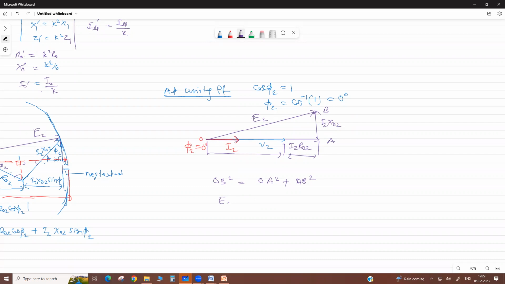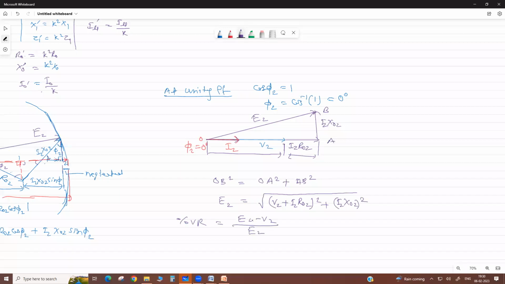We calculate E2, which means we take the square root. OA is V2, plus I2R02 whole square, plus I2X02 whole square. This is your E2. Then percentage voltage regulation, you can write as E2 minus V2 by V2, into 100.